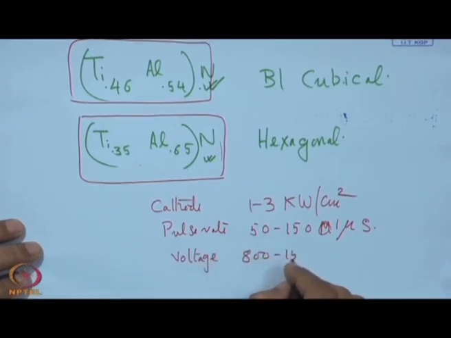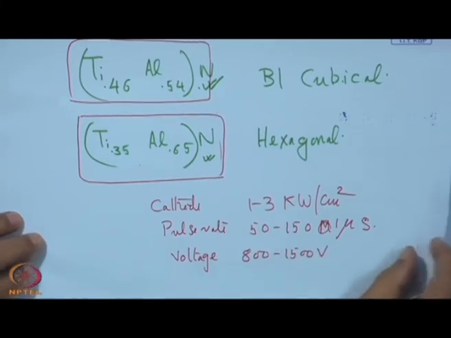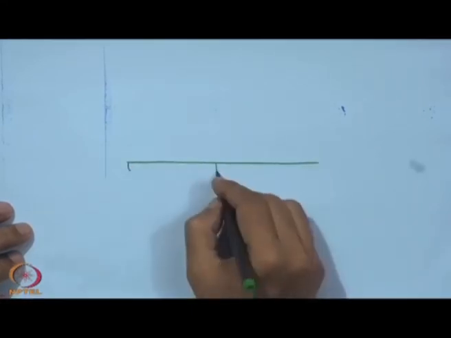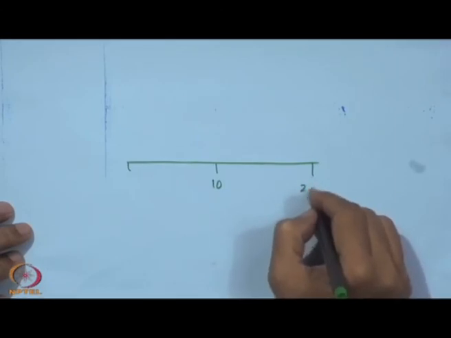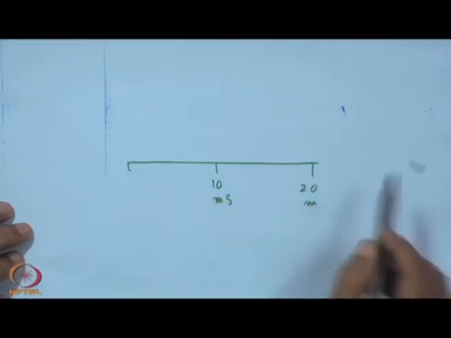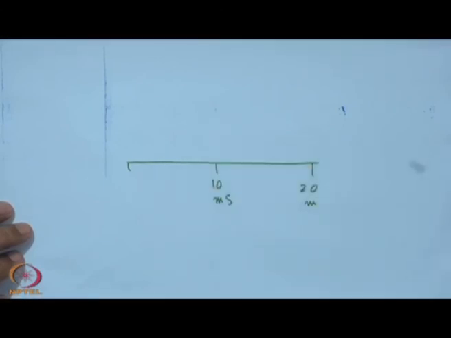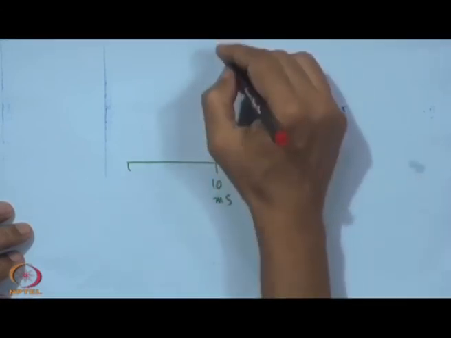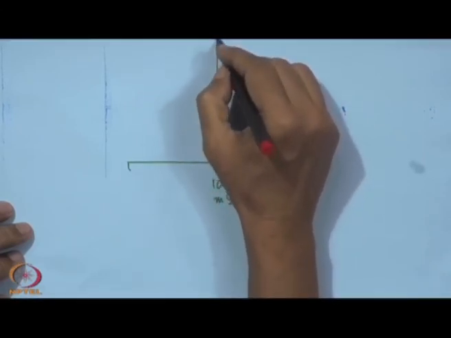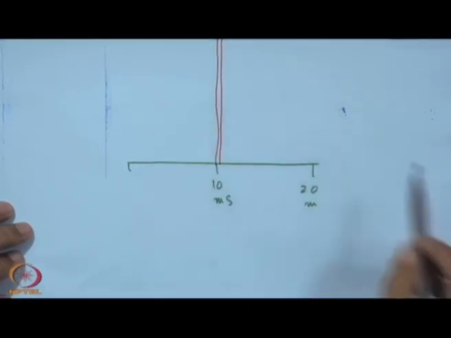80 to 150 volt. If we compare with a normal pulse DC, in a normal pulse DC what do we have? We have, say, 10 millisecond and here 20 millisecond, and in between we have such a high ionization sputtering with high energy, and it is giving high impact.